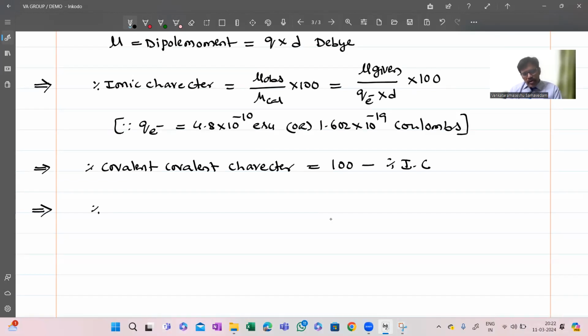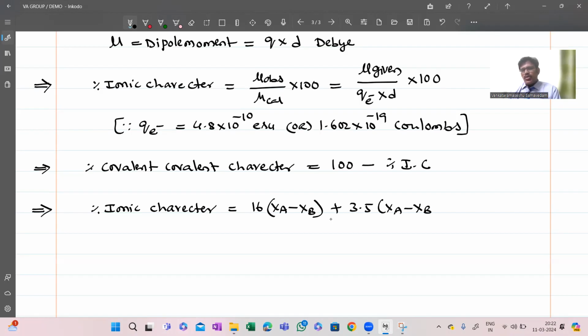Sometimes if you want to find out the percentage of ionic character, we can also calculate it based on electronegativity. We can calculate 16 into (Xa minus Xb) plus 3.5 into (Xa minus Xb) whole square. So it is based on electronegativity, sir.